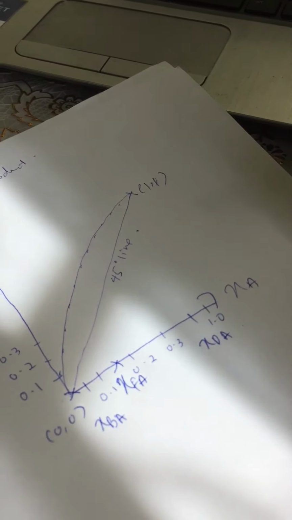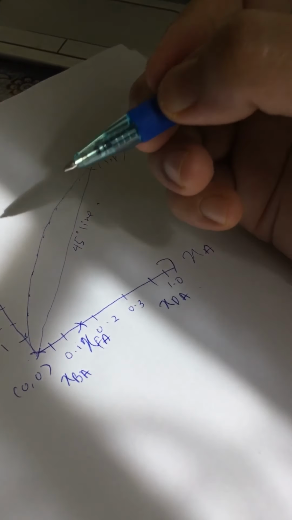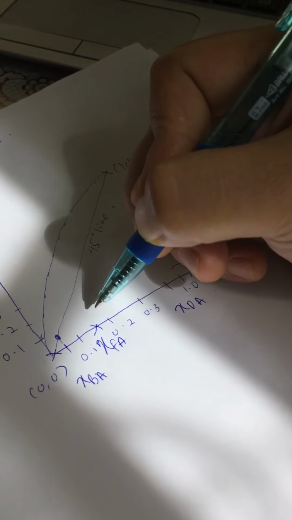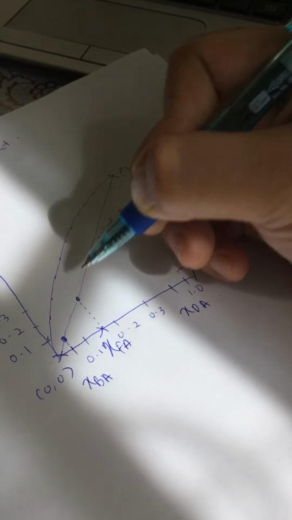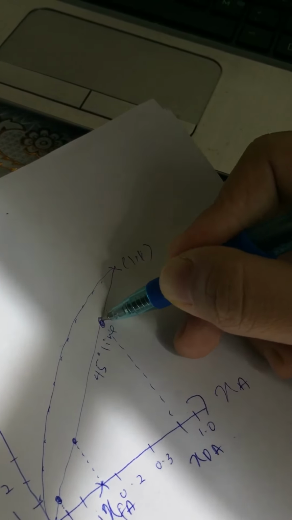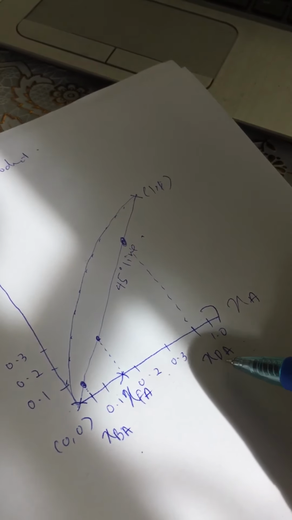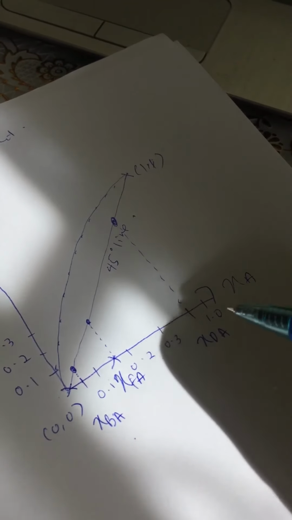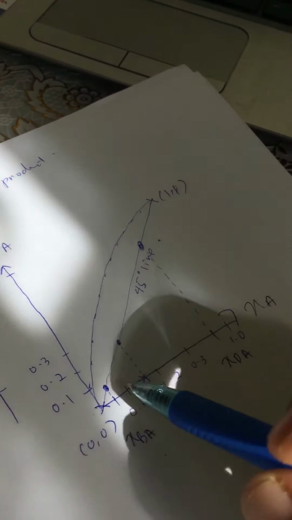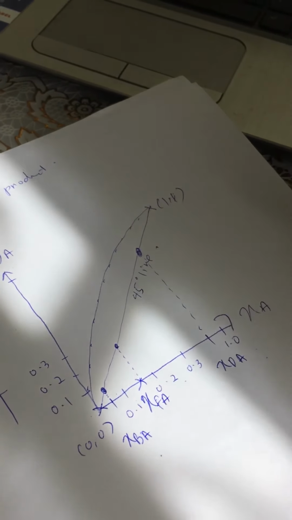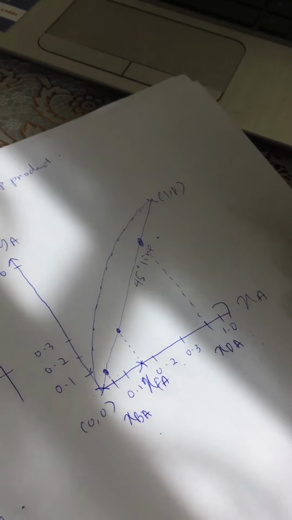Once you locate your XBA, XFA, and XDA, next use your ruler to elongate the line, a dotted line, and stop on the 45-degree line. So you plot XBA, XFA, and XDA from the question in your graph and then elongate the line up to the 45-degree line. That will be the next step.